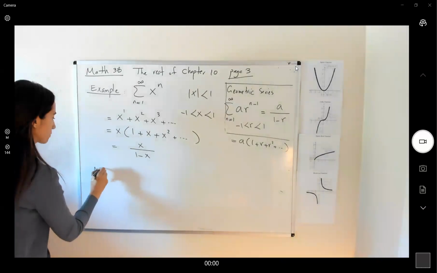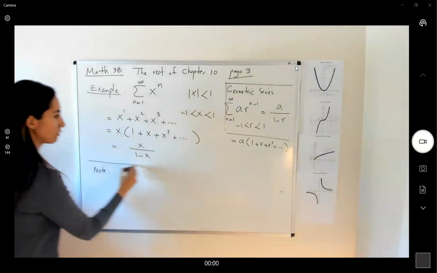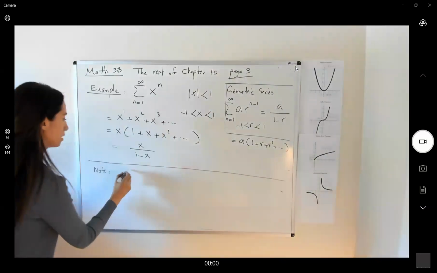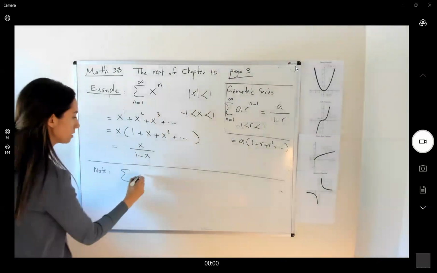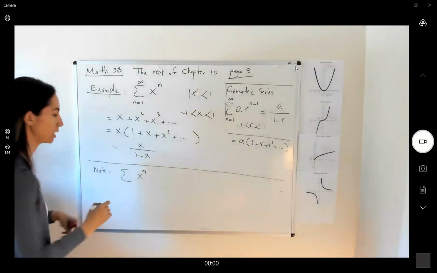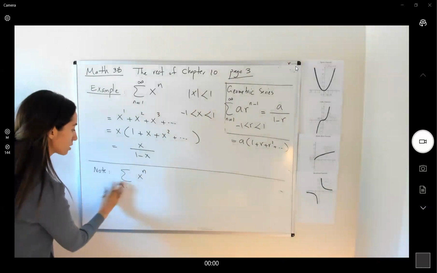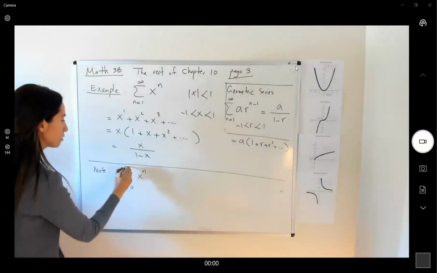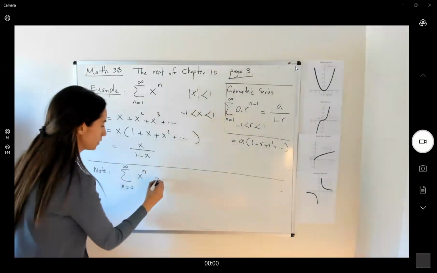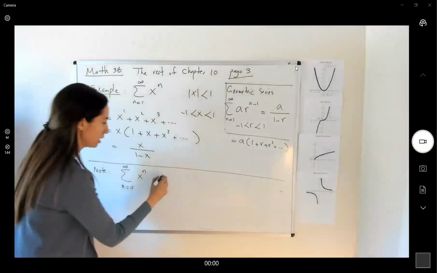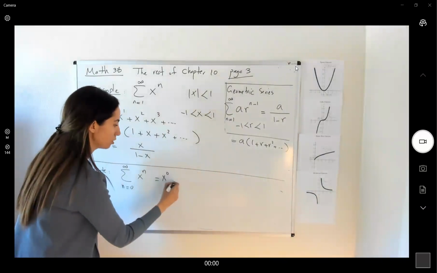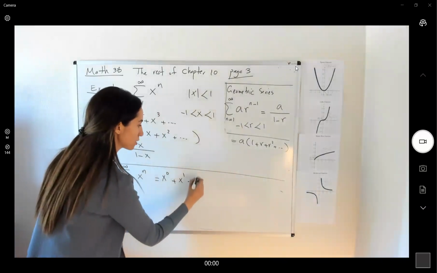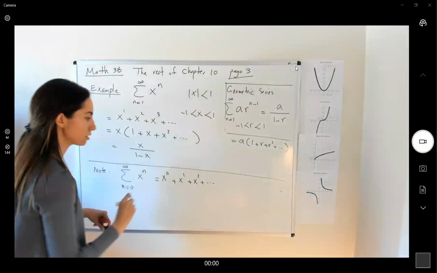Note that if you have a series with exactly the same general term, x to the n, but n starts from 0 to infinity, then if you plug in 0, it's going to be x to 0, plus x to the first, plus x to the second, plus the rest of them.